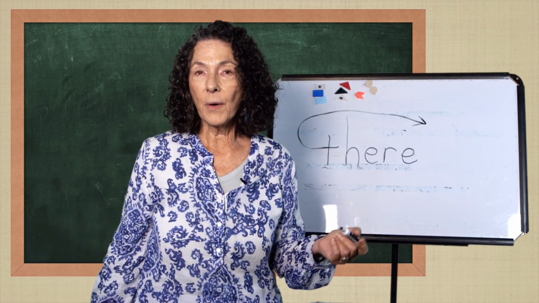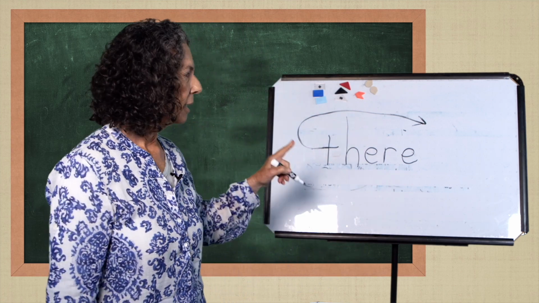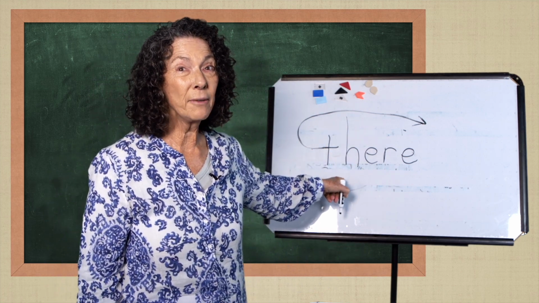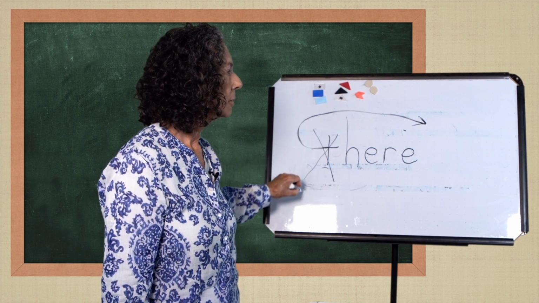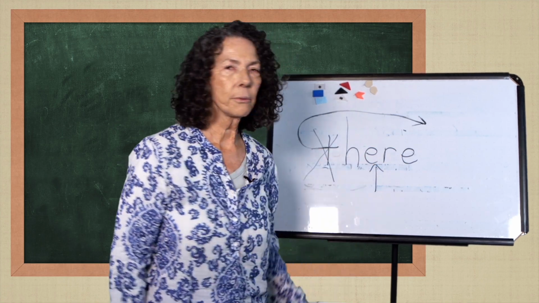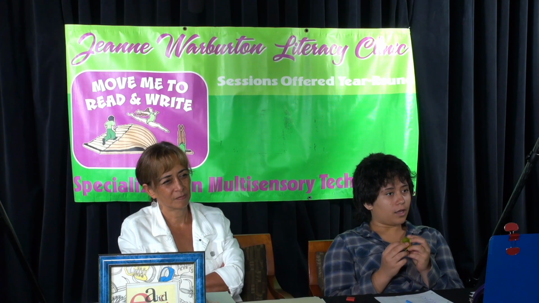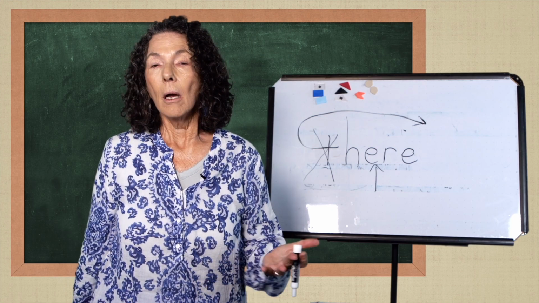But if I can't remember how to spell it, if I remember just one 5-letter word, I can take the T away and I've got it right here. You got there, they. There, they, words that have to be memorized.